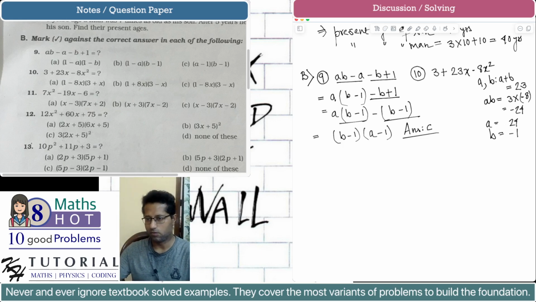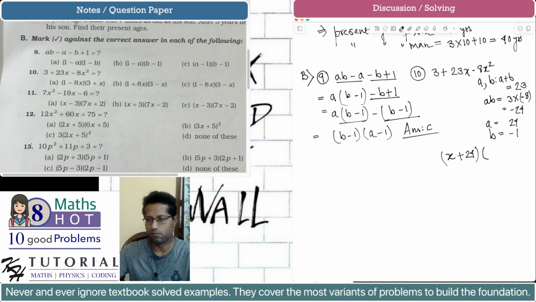So once we have found A and B, the factorization is x plus A multiplied by x plus B, and we know that A is 24 and B is minus 1, but you can also consider A as minus 1 and B as 24. It will give the same result.